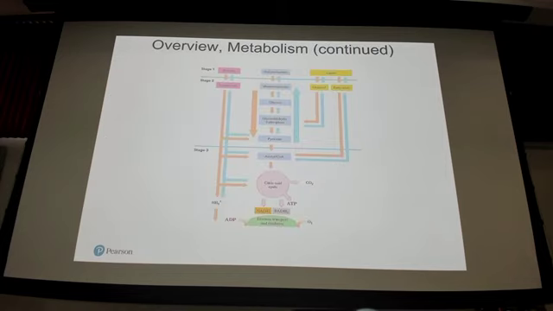And so here is an overview of pretty much everything we've talked about in this block: how the macronutrients, proteins, polysaccharides, and lipids are broken down and how they're used in this central metabolic pathway shown here, glycolysis and the TCA cycle, to produce energy.